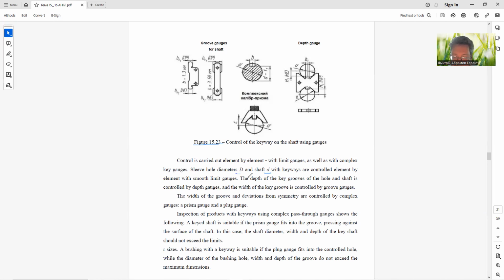The depth of the keyway grooves of the hole and shaft is controlled by depth gauges, and the width of the keyway groove is controlled by groove gauges. The width of the groove and deviations from symmetry are controlled by complex gauges, a prism gauge and plug gauge. You can see the complex gauges.